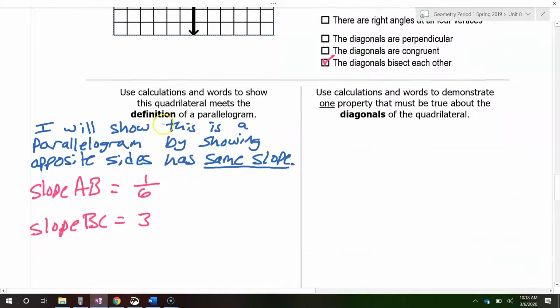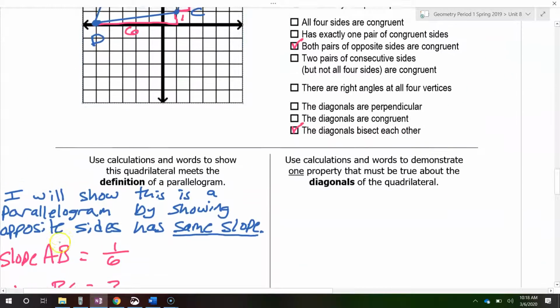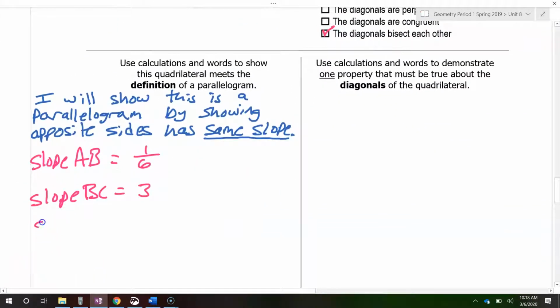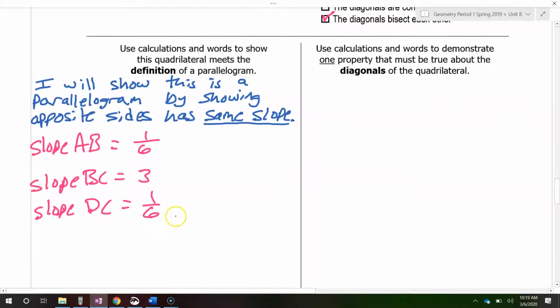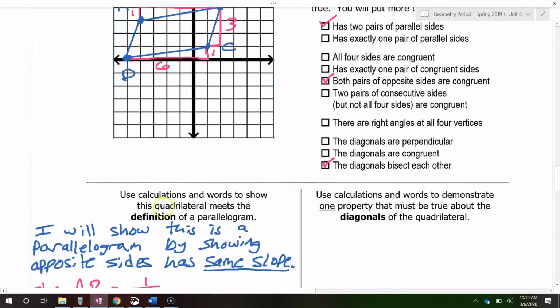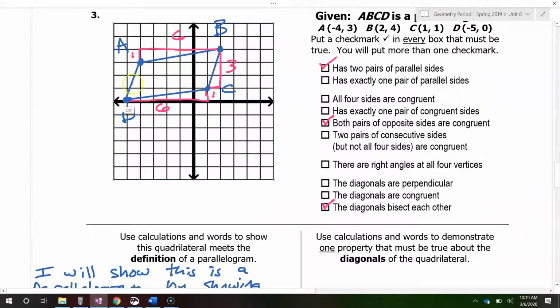Okay, so slope DC is 1/6. And that leaves slope DA, which is 3 over 1.